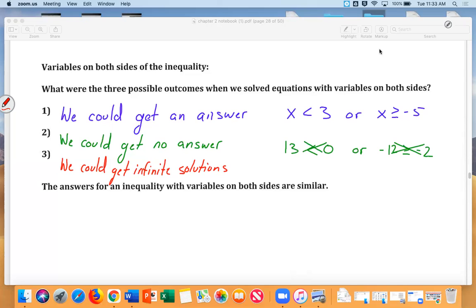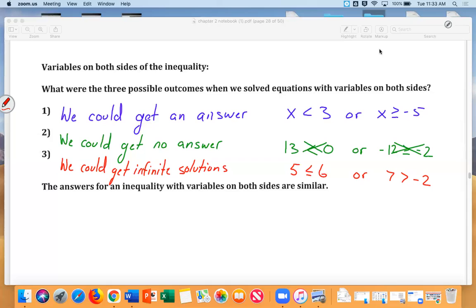But with inequalities, this is going to look something like 5 is less than or equal to 6. Notice that's true. I have no x's, and 5 is always less than or equal to 6. Or I could have 7 is greater than -2. Notice that's always going to be true.